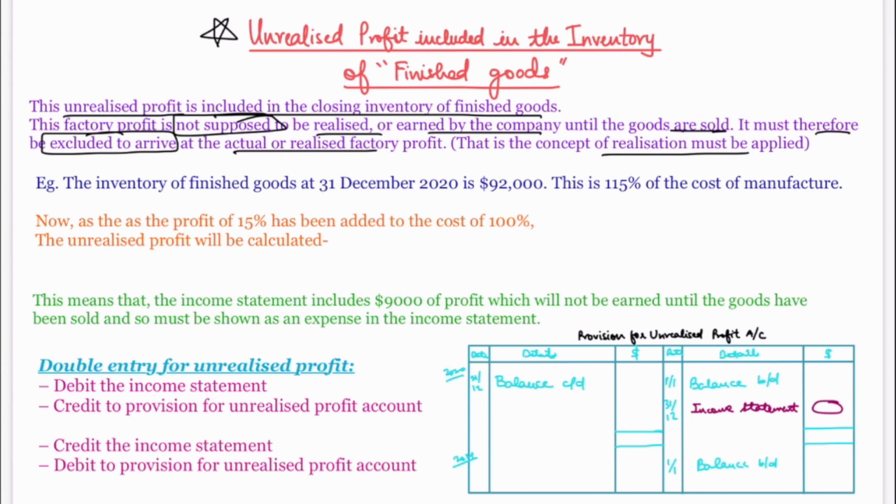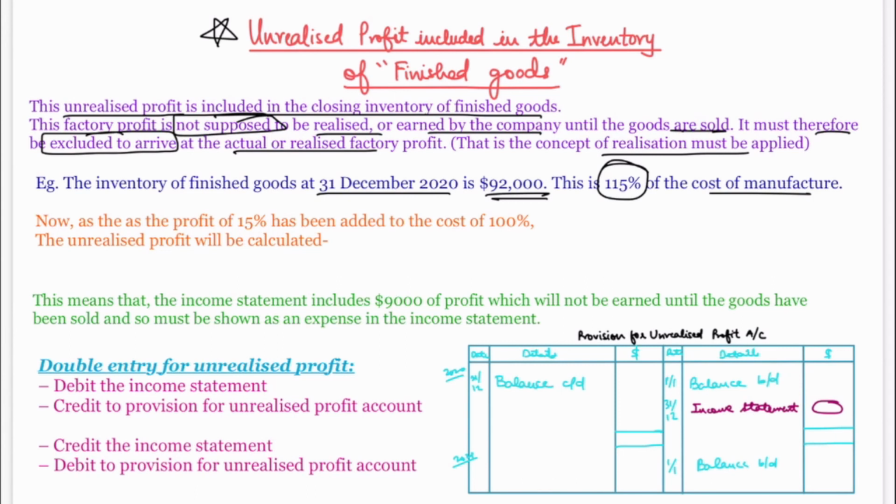Now let's take an example. The inventory of finished goods at 31st December 2020, that is the closing inventory, is 92,000. This is 115% of the cost of manufacture. This percentage will definitely be given in the question, so no need to worry about that.